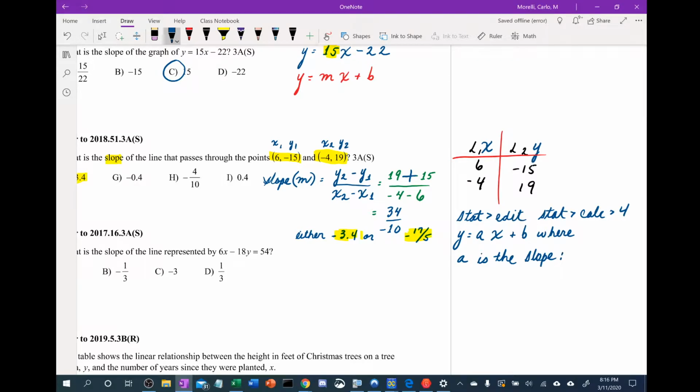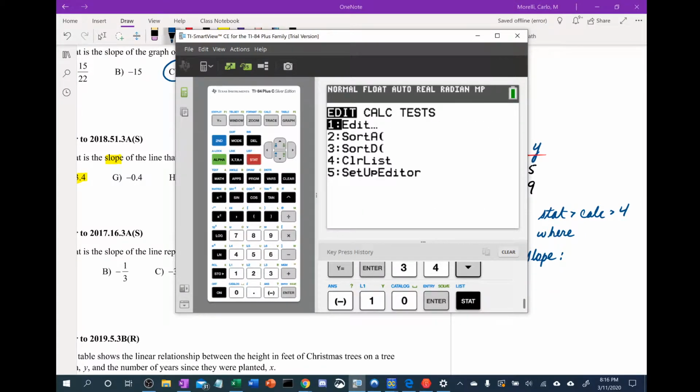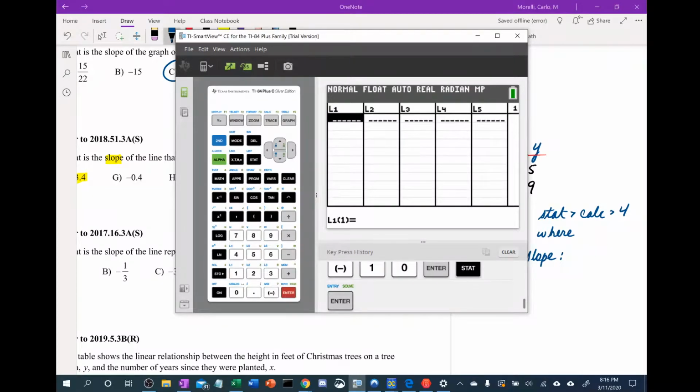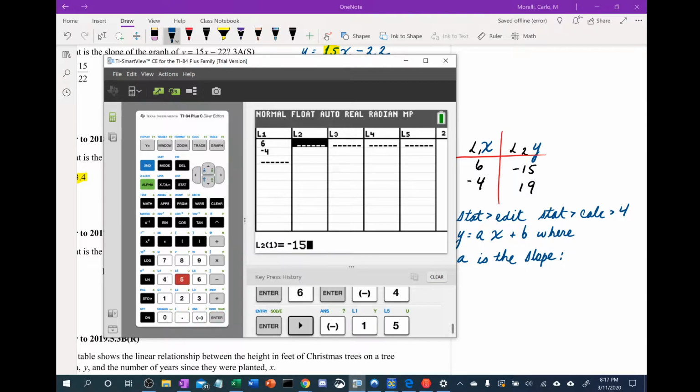Okay, so let's go see what that looks like. We hit stat, it's this button right here, and then just hit enter and type in your table. 6, enter, -4, enter. Then in the L2 column, -15 and 19.